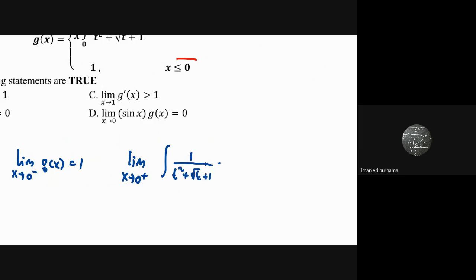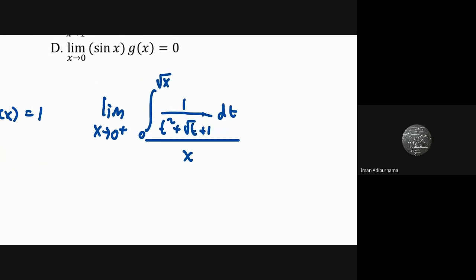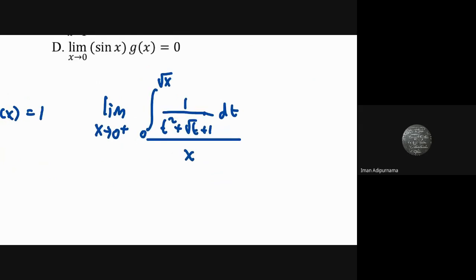we can write the equation like this, and then over x. This is the integral from 0 to square root of x. Now, if we imagine 0 inside the x, we can check from here and check through this. This will result in 0 over 0, right?